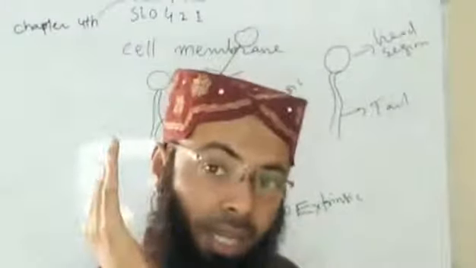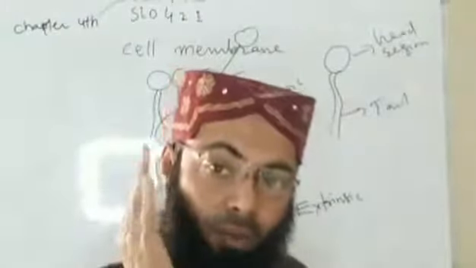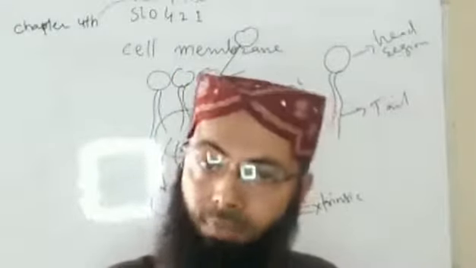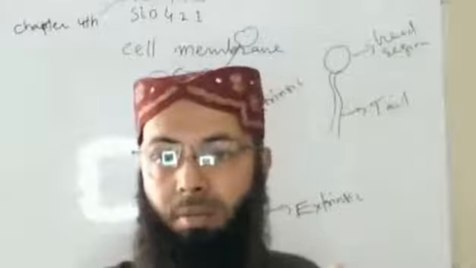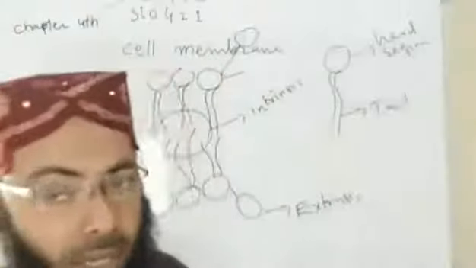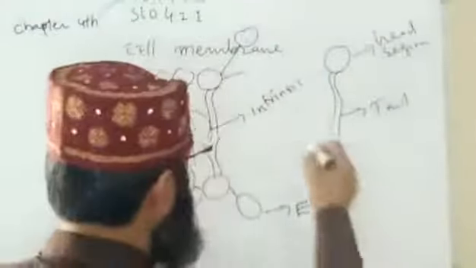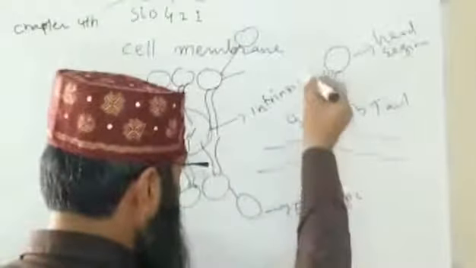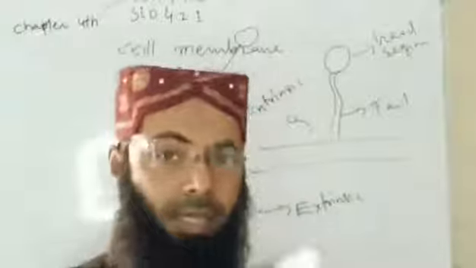So in this way, it is a semi-permeable membrane. That means half of the substances can cross. Water can cross, but ions cannot cross. This is the cell membrane, and this is an ion. This ion cannot cross through the cell membrane easily, but gases can cross.